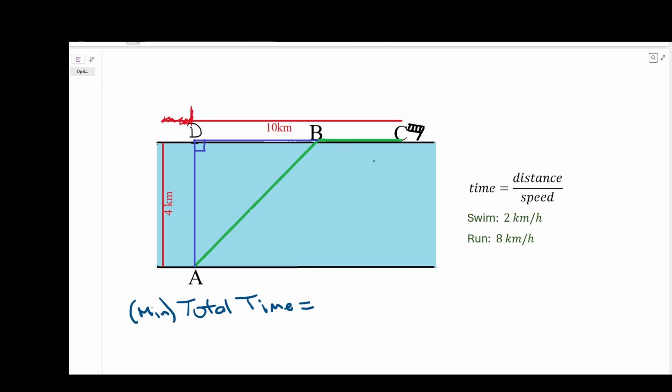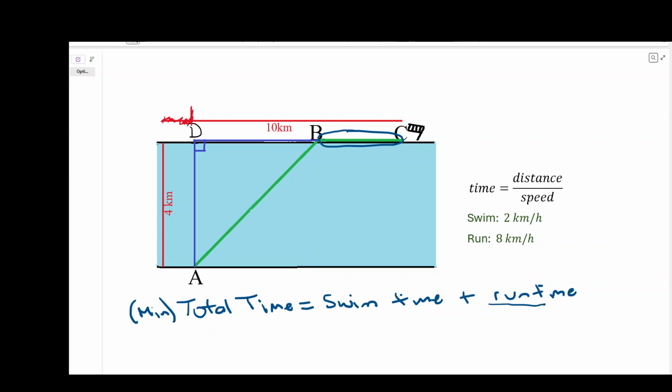And the total time is going to be based on the time it takes to swim, swim time, plus run time. So let's talk about the run time first. The run time is going to be this distance, so I'm going to call that distance from B to C, divided by 8.